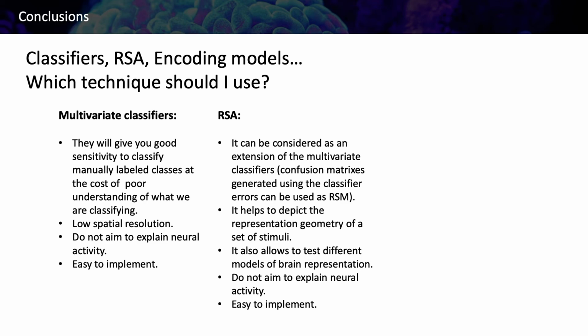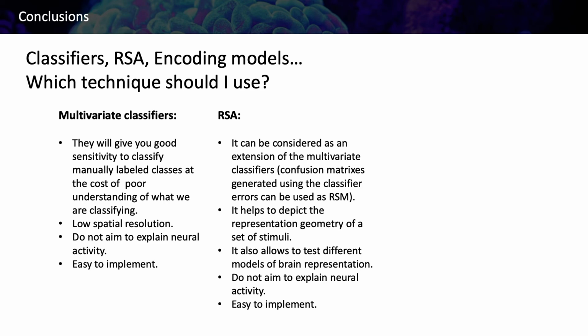But if you train a multi-class classifier and you look at the confusion matrix, to see which classes are more confused with others, then you can also create an RSA, so you can see the dissimilarity between the different classes. In the end, it's more or less the same, but it gives you a representation of the representational geometry of the stimuli that you are using.